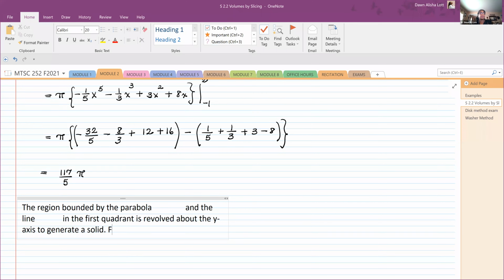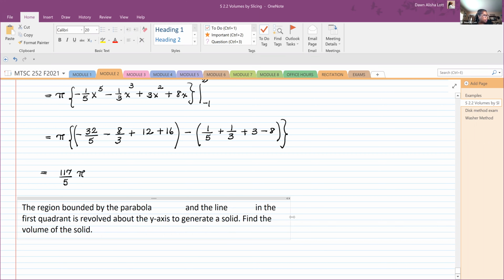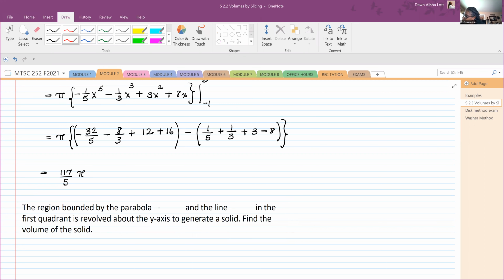Find the volume of the solid. Okay, so the parabola is y is equal to x squared, and the line is y is equal to 2x. So what I want you to do is graph it.